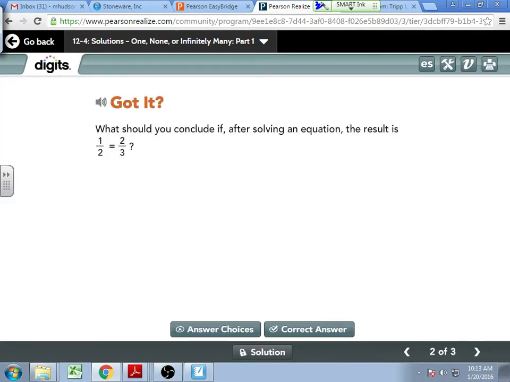All right. So when you see 1/2 equal to 2/3, Miss Tyler, what do you think? How many solutions? One, none, or infinitely many? None. Is 1/2 equal to 2/3? No. There are no solutions.